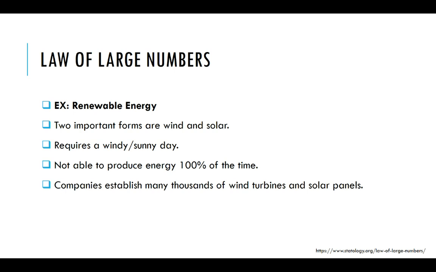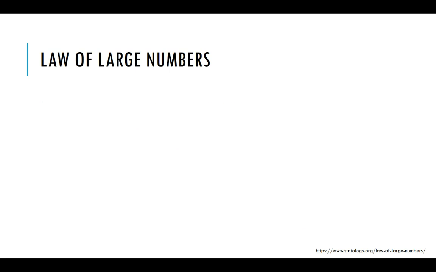So for this reason, companies establish many thousands of wind turbines and solar panels. In other words, they diversify across different locations because, of course, different locations have different weather patterns, and on a certain day, they're going to have different weather. And they connect those many wind turbines and solar panels to the same grid. When they do that, they've got a good chance of sustainably producing energy.